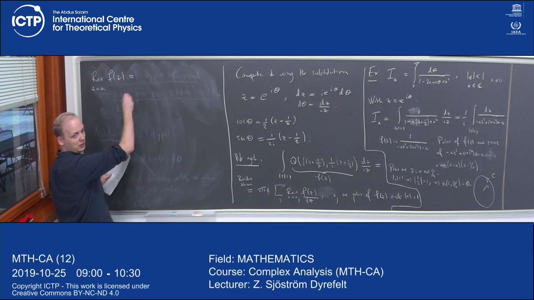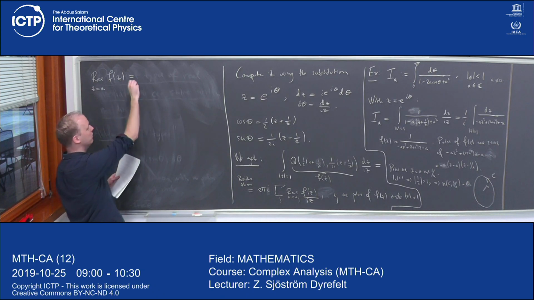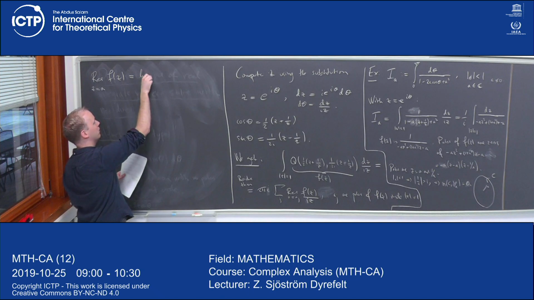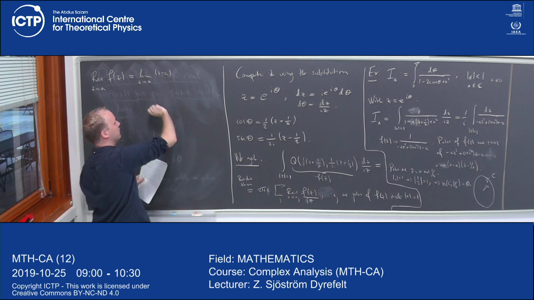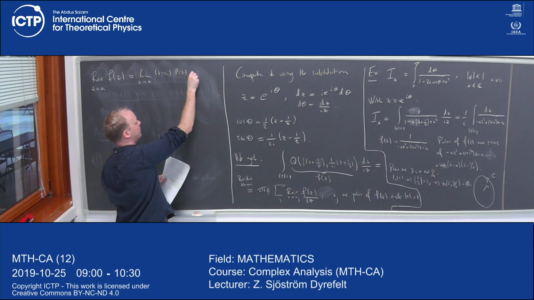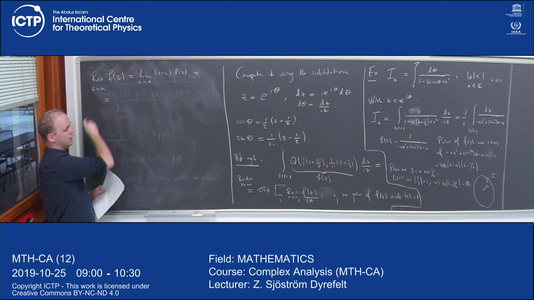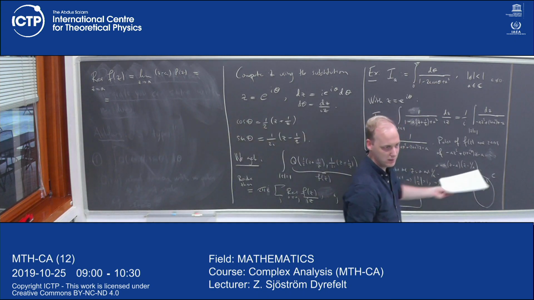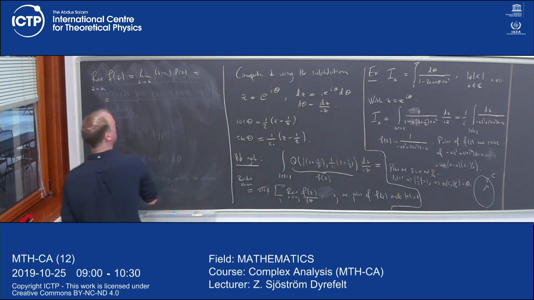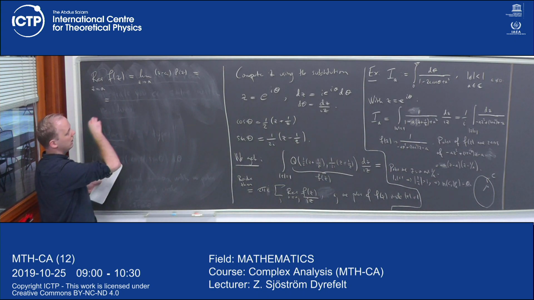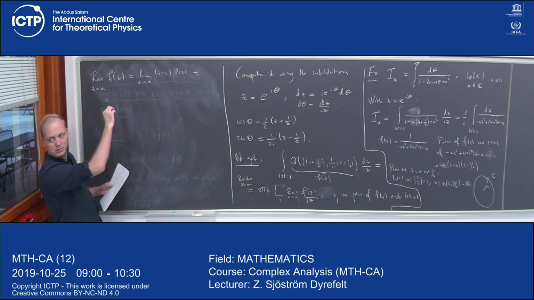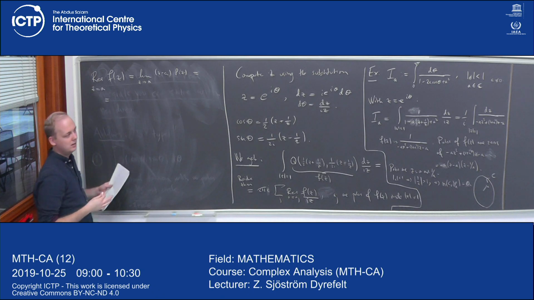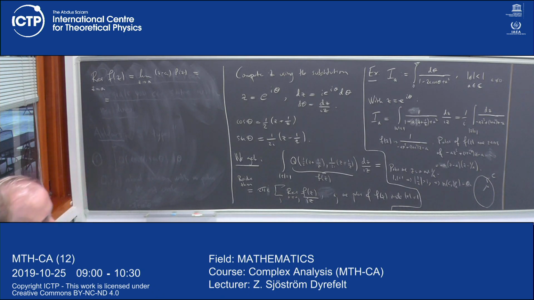So that means that we can compute it formally by the limit as z goes to a of z minus a times f of z. But because of the factorization of the numerator, this is just equal to 1 over a minus a squared.